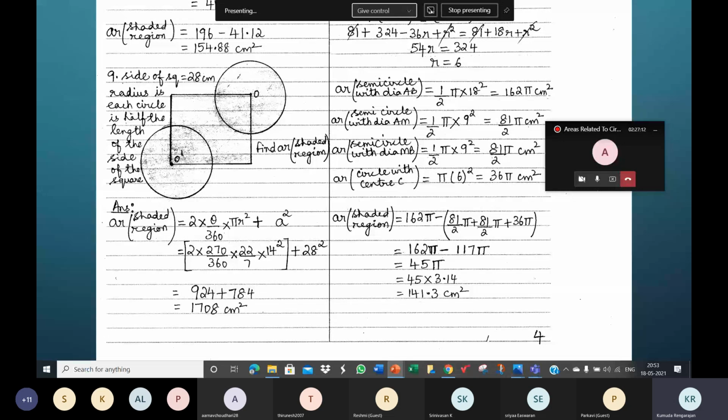You should find its area. No, Arnav, you have to think again.